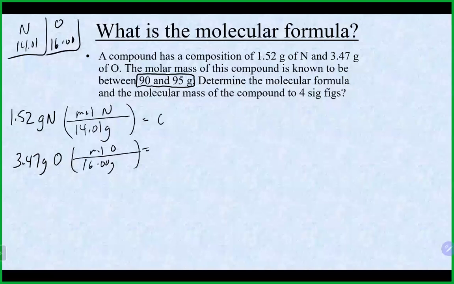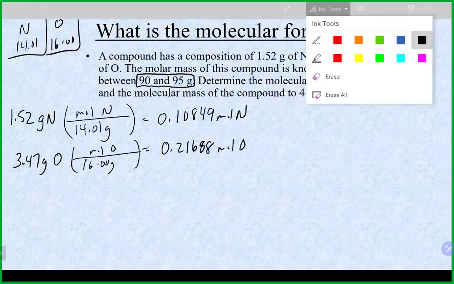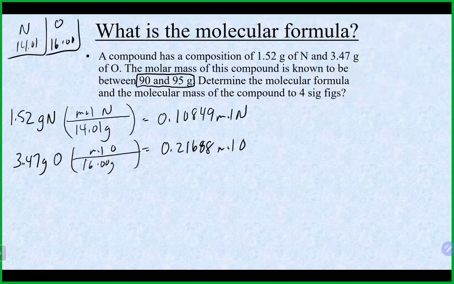All right, that is 0.10849 moles of nitrogen. We'll do the same thing for our oxygen, 3.47 divided by 16, which is 0.21688 moles of oxygen. At this point, once you get everybody into moles, as we talked about, we always divide by the smallest.